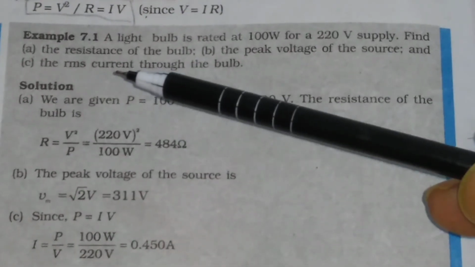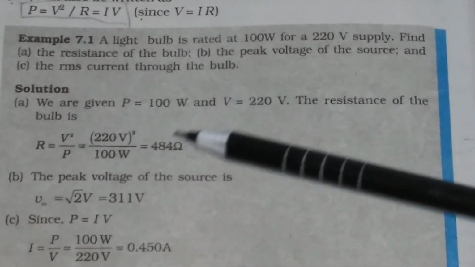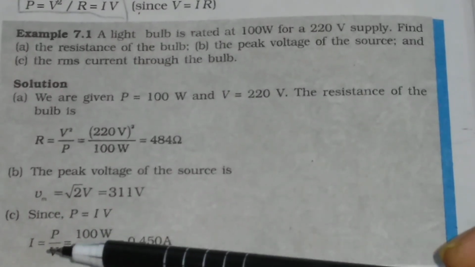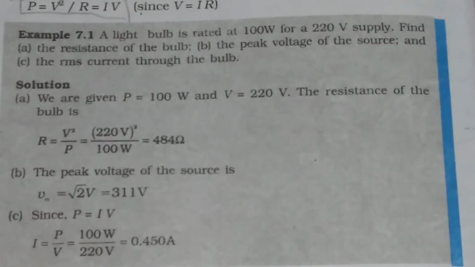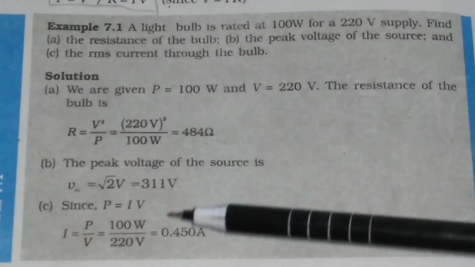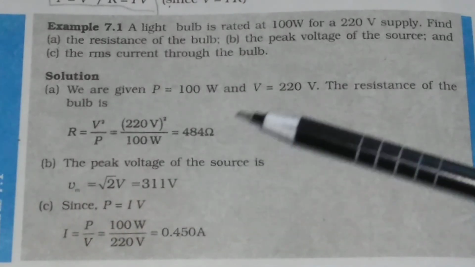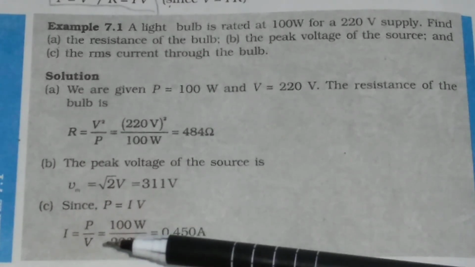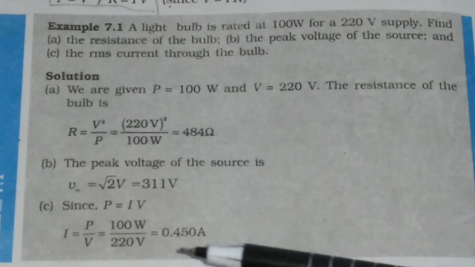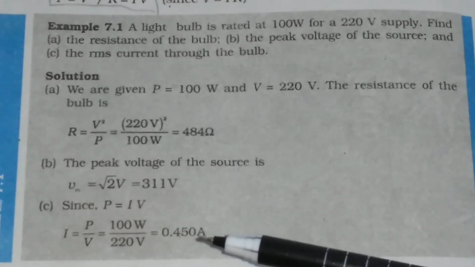Then the third question is the RMS current through the bulb. The RMS current is equal to the power divided by the DC voltage. The power is given as 100 watt and the DC voltage is given as 220 volt. So the RMS current will be equal to 0.450 ampere.